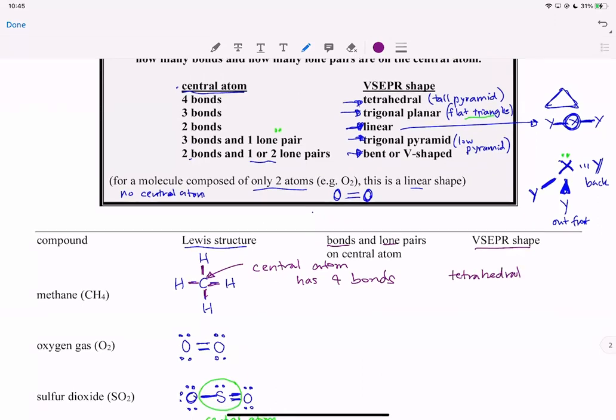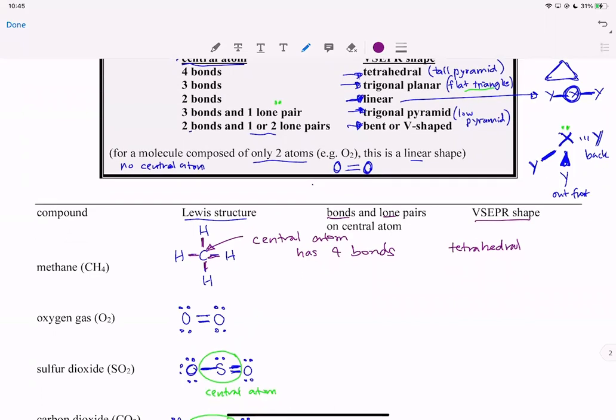And that tetrahedral VSEPR shape, redrawing this, is the pyramid. I'm going to do this in purple, where you have a central atom. That's your carbon, which is typically going to be black, actually. Then you've got 1 hydrogen, which are white, and 1 hydrogen above and 1 hydrogen also at an angle to the left.